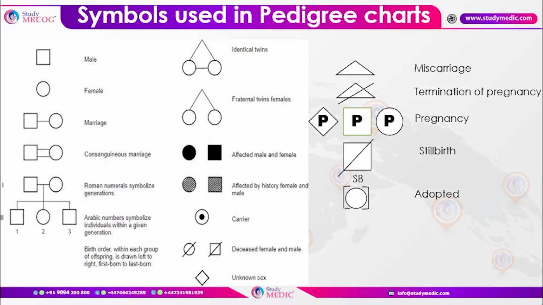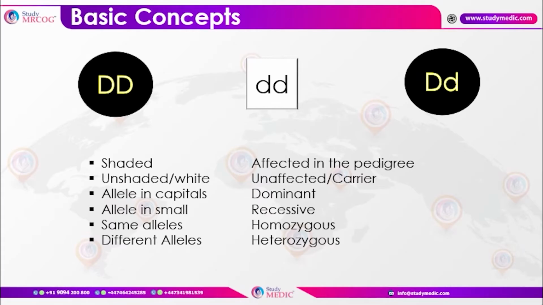To begin with, we must know about the various symbols used in making a pedigree chart. It is important to understand alleles and the difference between dominant and recessive conditions, a diseased, healthy and carrier state, how they are represented in a pedigree chart, and the role of homozygous and heterozygous alleles.